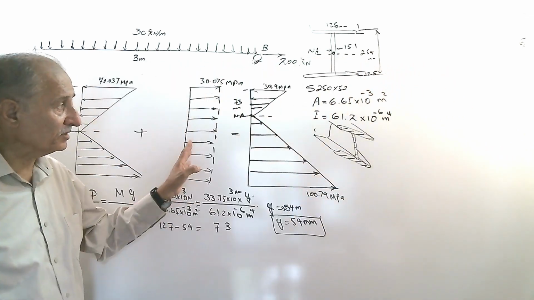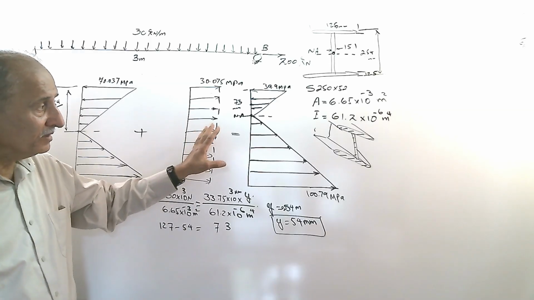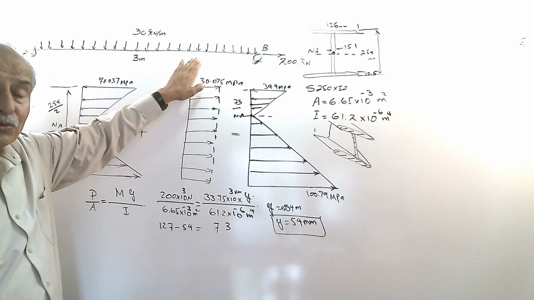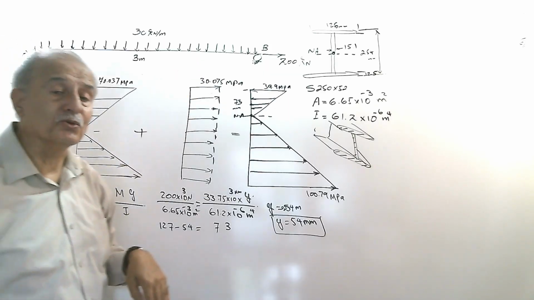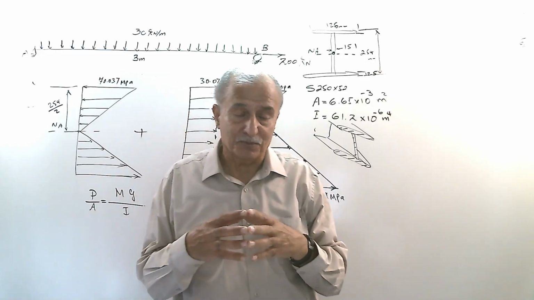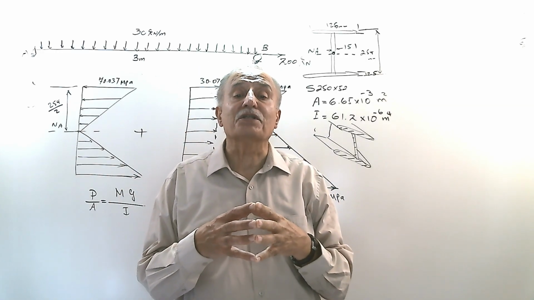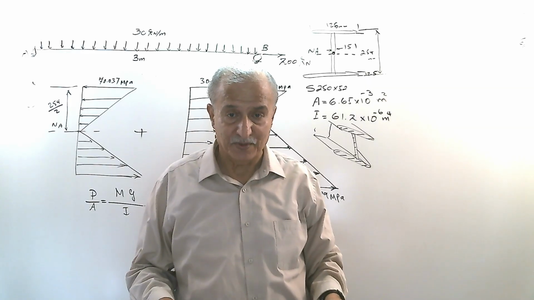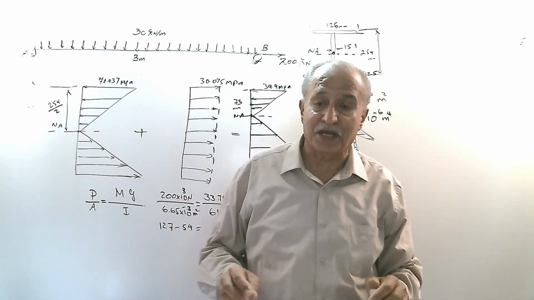This is not actually all that happens inside the beam. Because of this distributed load, we also have horizontal shear stress inside the beam that we will consider in another video. Thank you for watching, and see you in the next video.